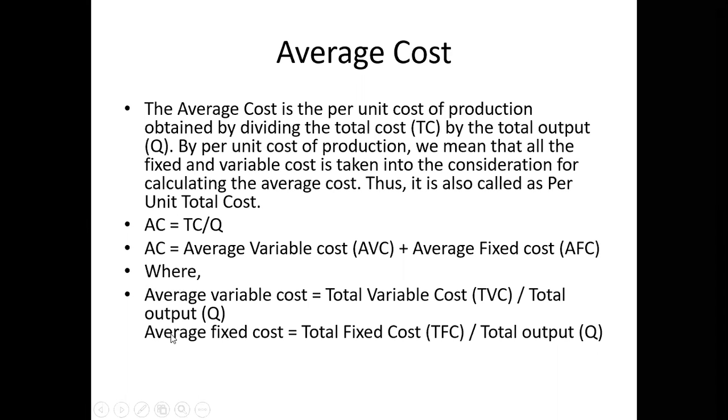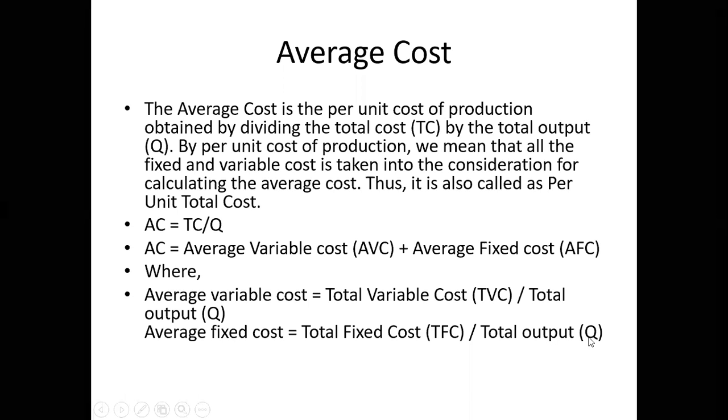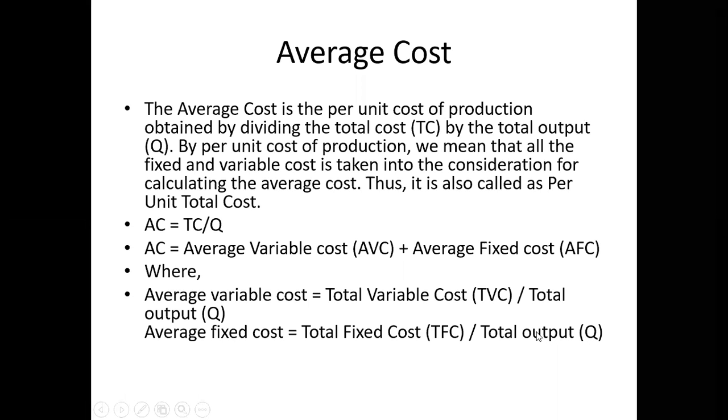Average variable cost is calculated by total variable cost, represented by TVC, divided by total output. How do we calculate average fixed cost? Total fixed cost, TFC, divided by total output, that is Q. Output is represented by Q only.